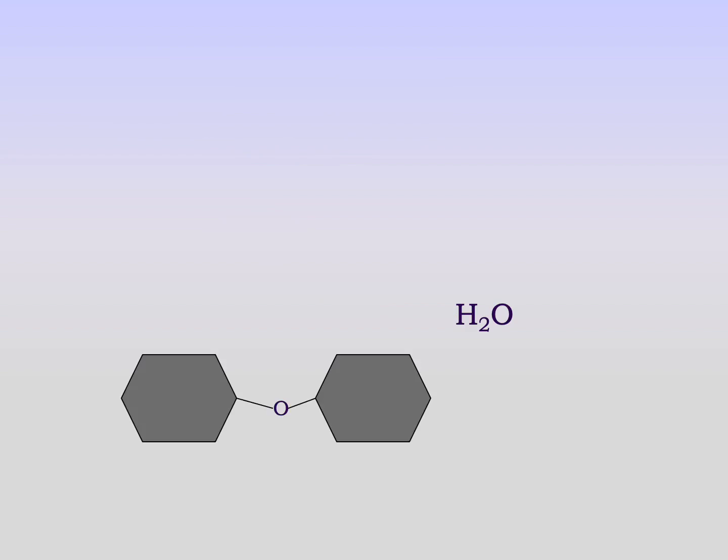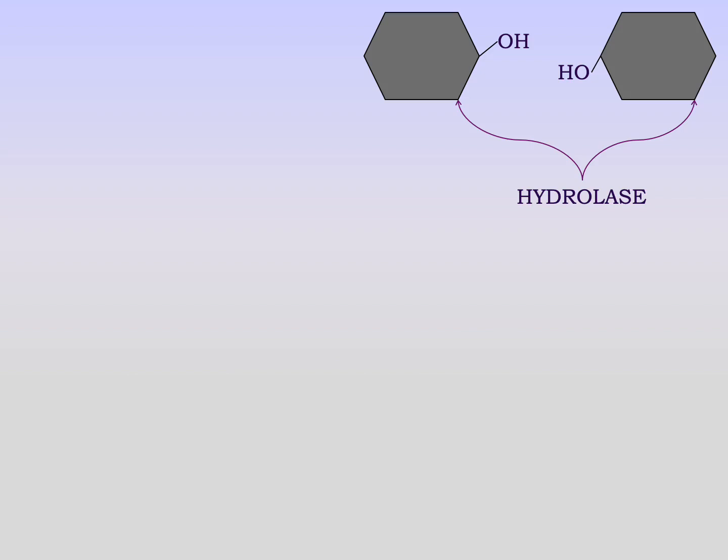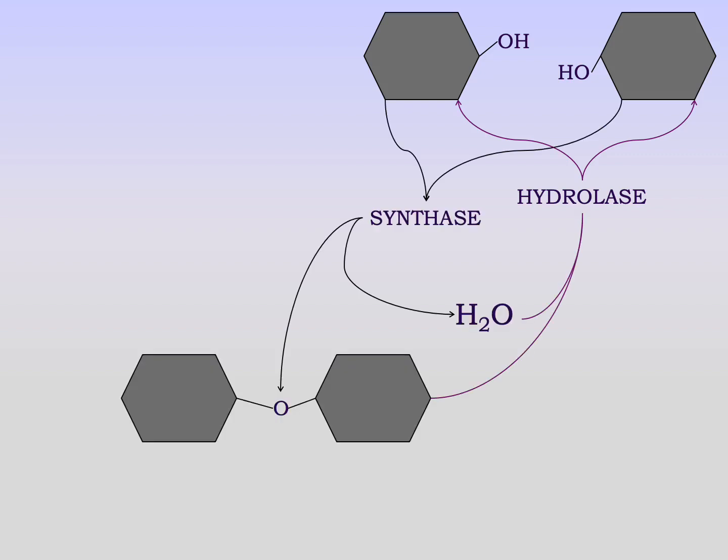Now, if we want to break this polymer down, we take that same water, interact it with a hydrolase, and we're able to, once again, shear the molecule apart, where the side that still has the oxygen remaining gets the hydrogen, and the hydroxyl group goes to the other molecule. And so we end up having this cycle.